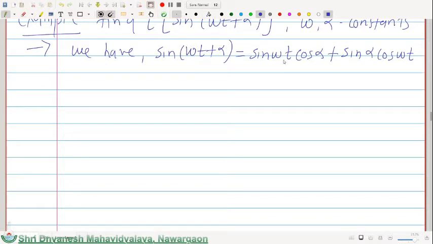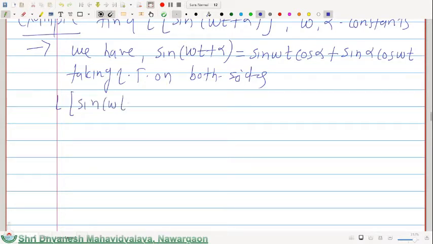So taking Laplace transform on both the sides, what we get? Laplace transform of sine(omega t plus alpha) equals Laplace transform of sine omega t cos alpha plus sine alpha cos omega t.